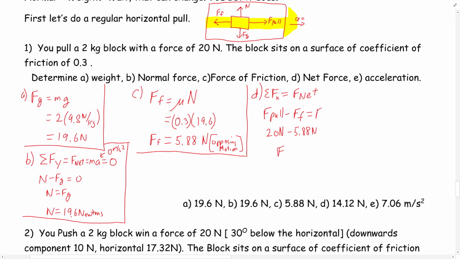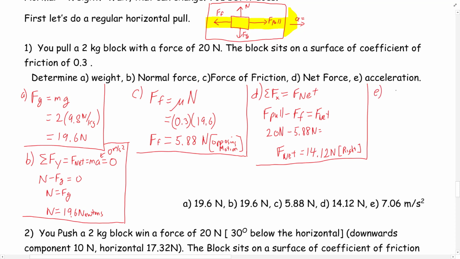So that's what F net is. So F net is equal to 14.12 newtons. And if I had to give a direction, I'd say right here. Why not?